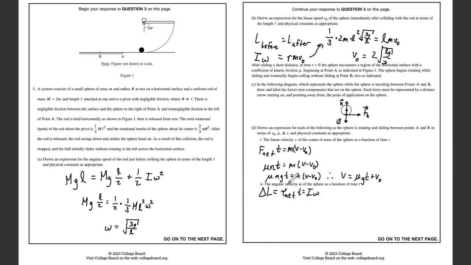The torque is caused by friction again in this case. So we have R mu mgt for torque times time, and that's going to equal 2/5 m r squared times omega. Therefore, omega should equal 5 mu gt divided by 2r. 5 mu gt over 2r.